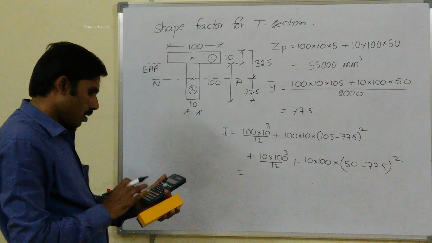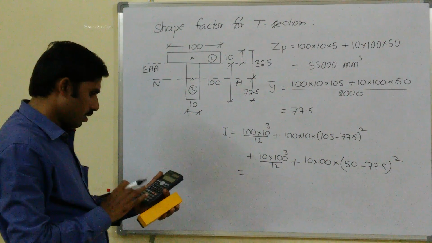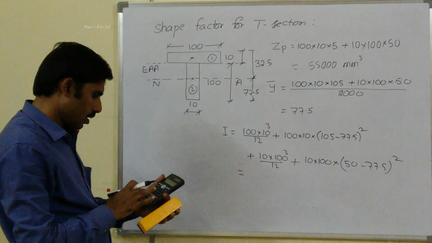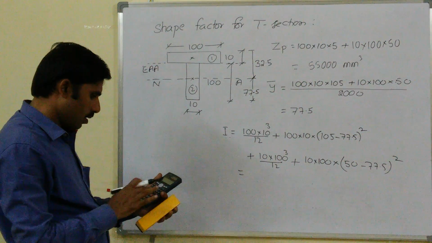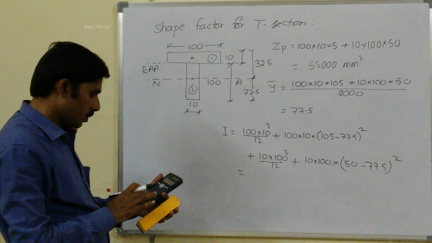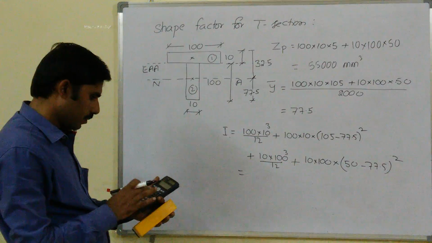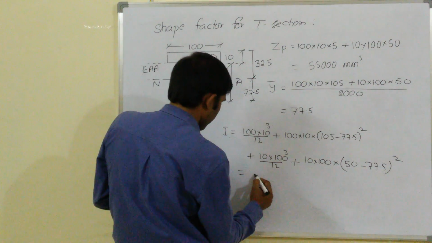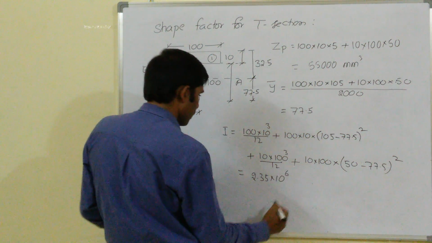So that is 100 into 10 cube by 12 plus the 1000 into 105 minus 77.5 square plus 10 into 100 cube by 12 plus 1000 into, that is 27.5 square. That is 2.35 into 10 power 6 mm power 4.